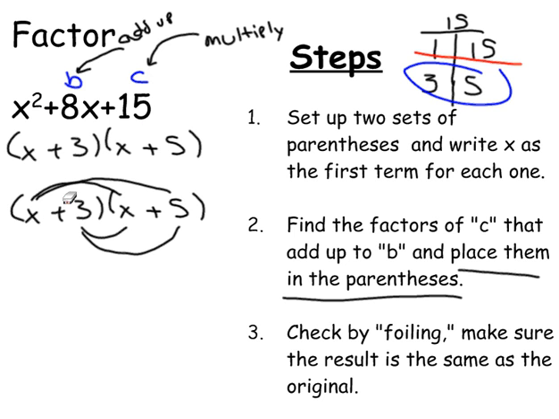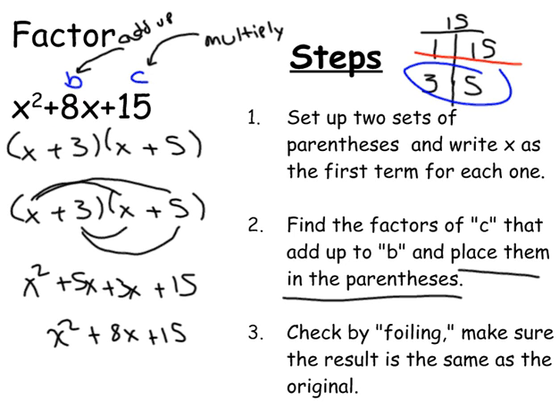So let's FOIL it out. X times x is x squared. x times 5 is 5x, 3 times x is 3x, and 3 times 5 is 15. You're going to combine the like terms, and it does indeed come back to the original, so you know it's right.